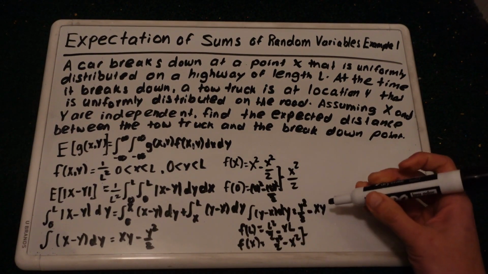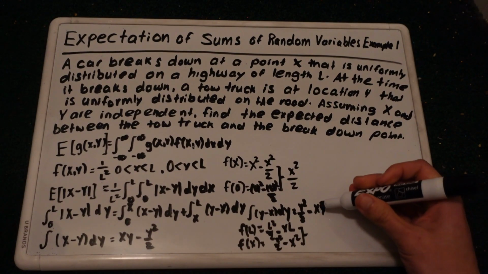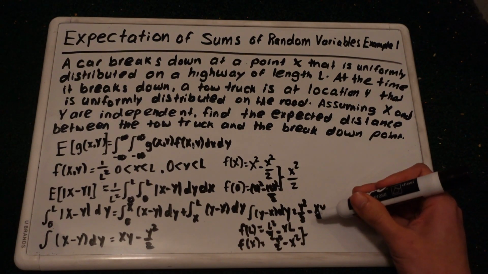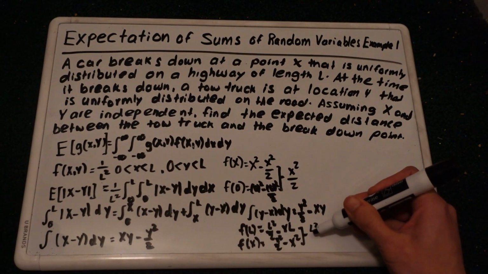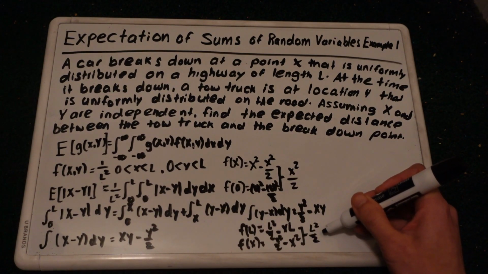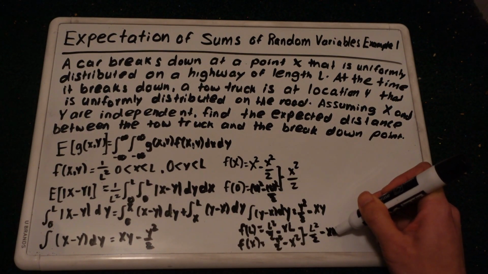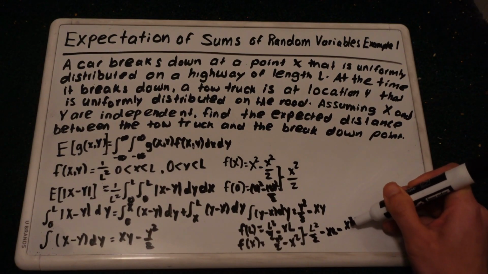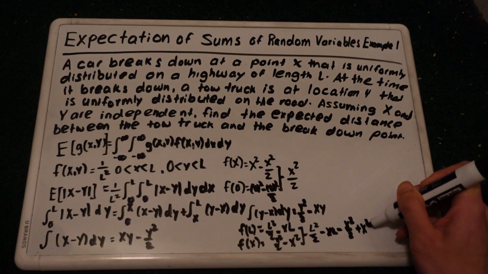We take these and we would get L squared over 2 minus xL minus x squared over 2 plus x squared.